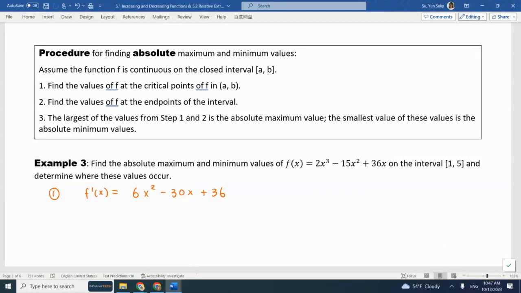Yes. Do you remember, if we have something like this, we want to simplify. What does it mean to simplify? What do we want to do? Factor. Yes. Gabby, can you factor? What's the common factor? 6. Yes. Okay, we factor out 6.